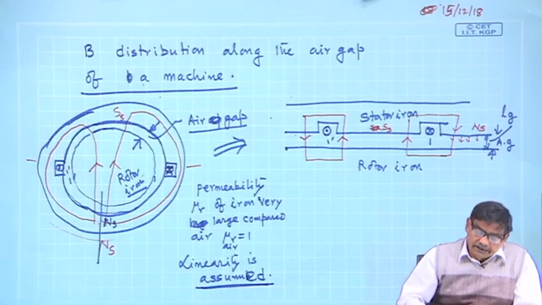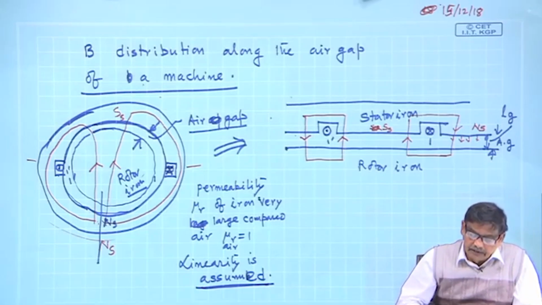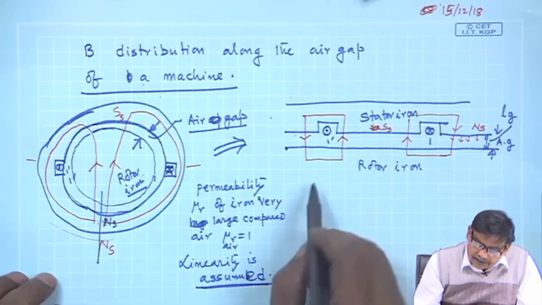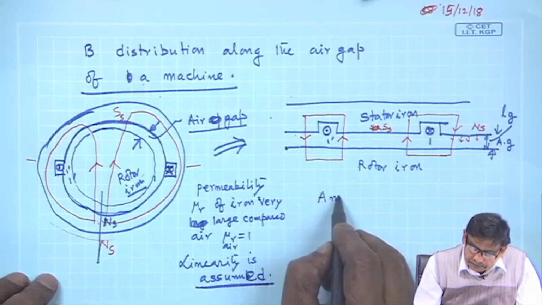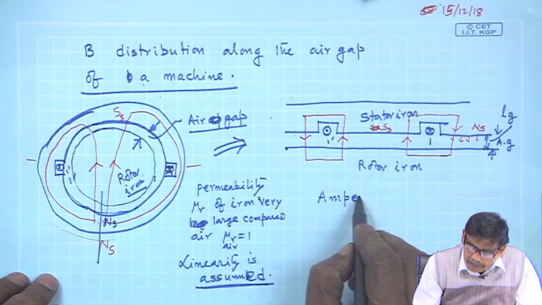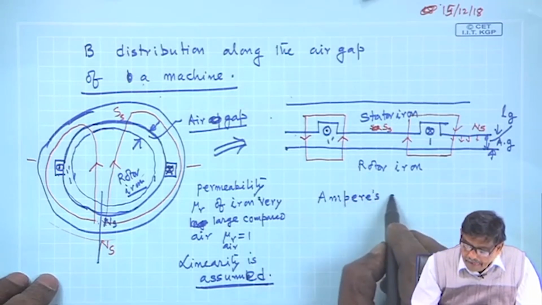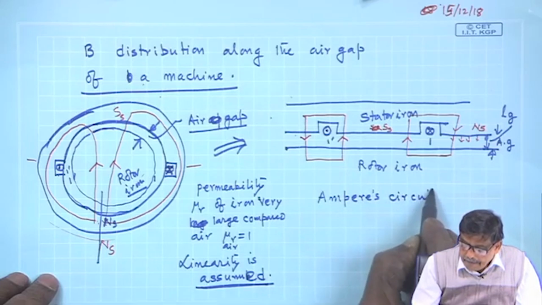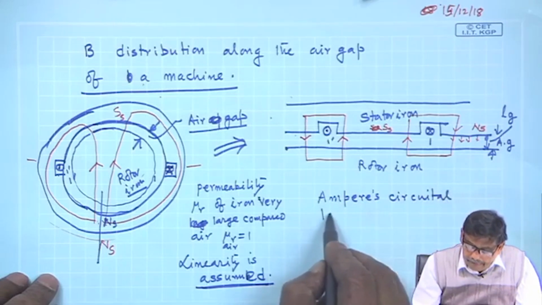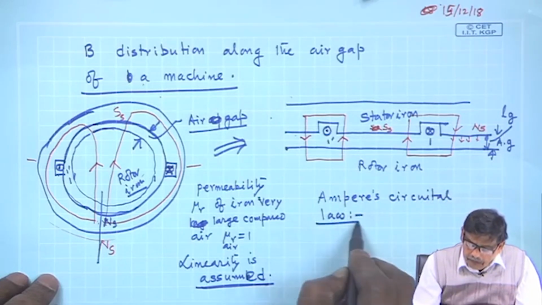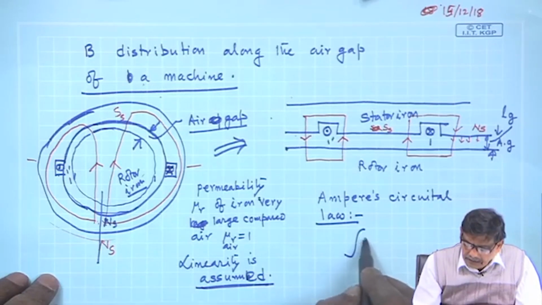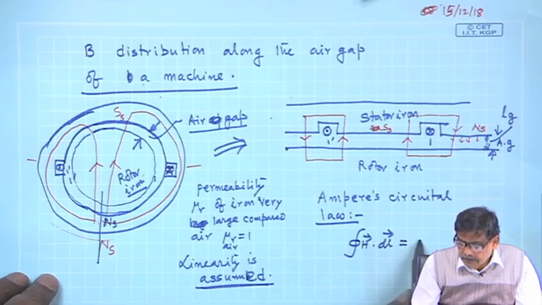Now, to find the field around a conductor, what we apply is known as Ampere's circuital law, which you know is mathematically written as the closed path integral of H dot dl equals the current enclosed by the path.